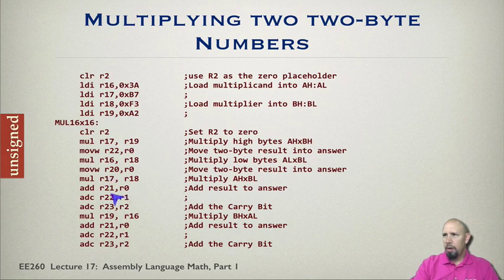So I'm going to do the low byte, and I add that to the result that we got here. So remember, when it says MOVW, it's actually registers 21 and 20. So it's actually putting that into the low byte. The low byte of this product is going to go into the high byte here, and then the carry for that is going to go here.